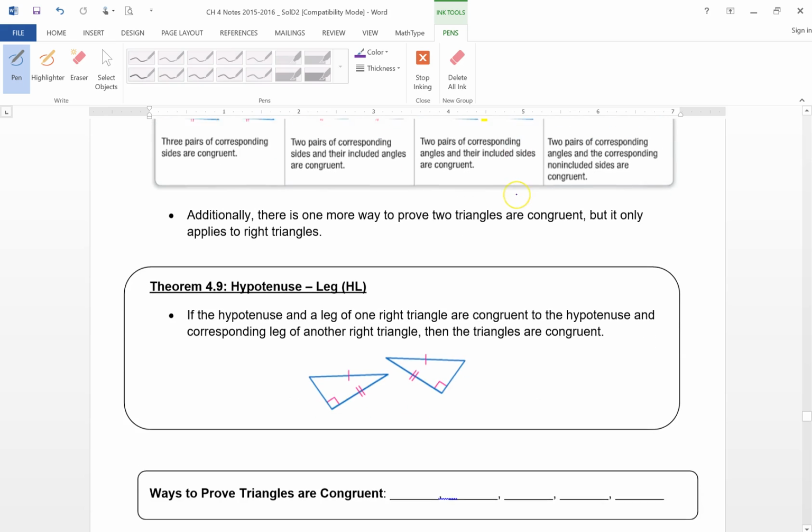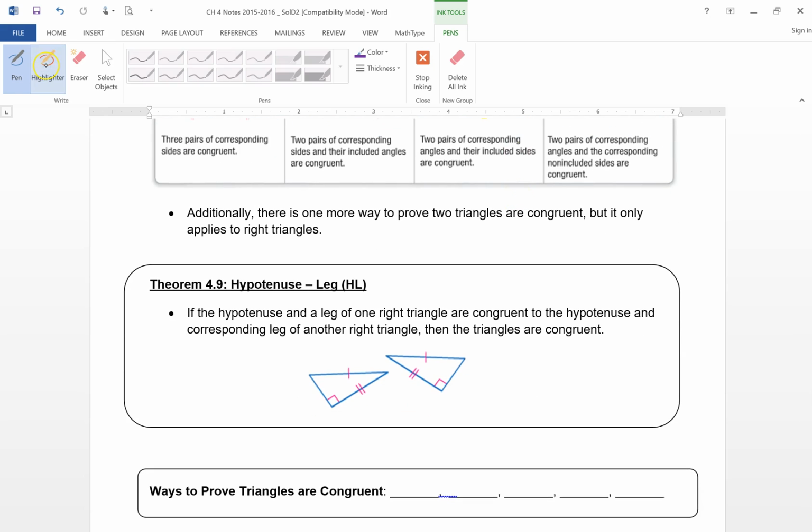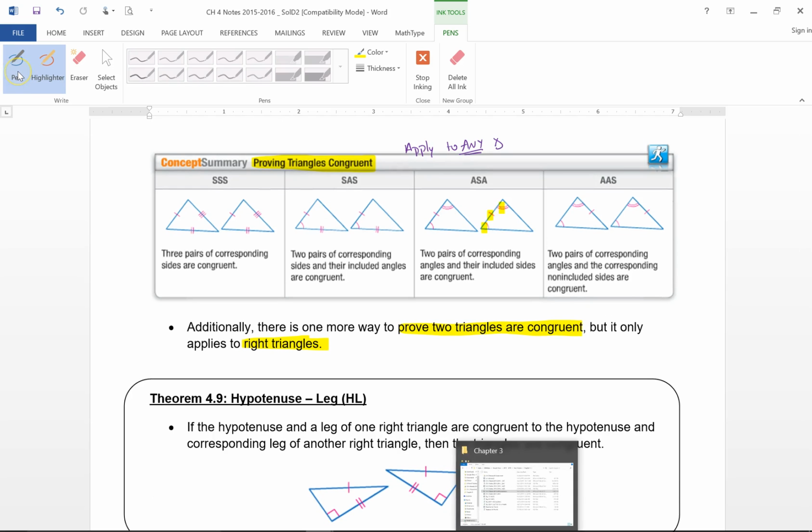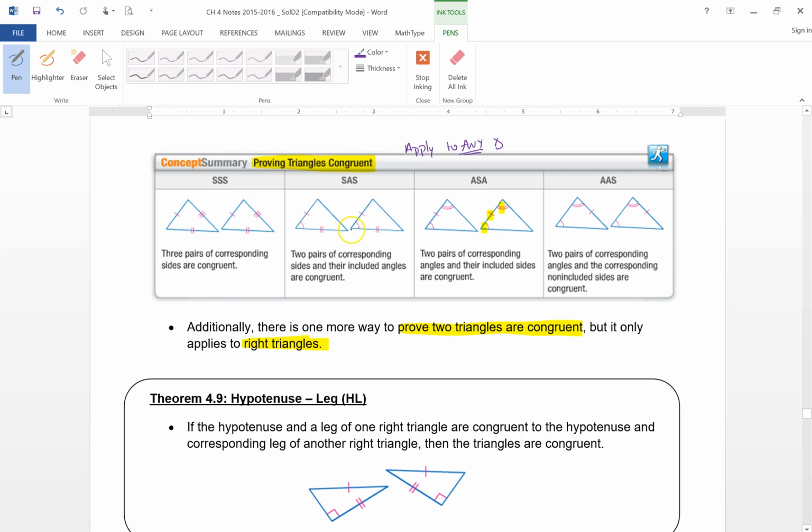Now, there is one more way to prove triangles are congruent. Okay? But it only applies to right triangles. So suppose you had a different configuration here. Suppose you had, so here you have an angle and 2 sides, but look at how it looks. It's the sides and the angle in between.